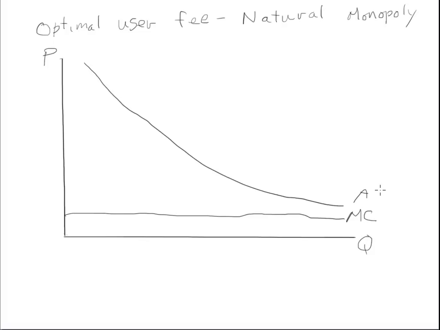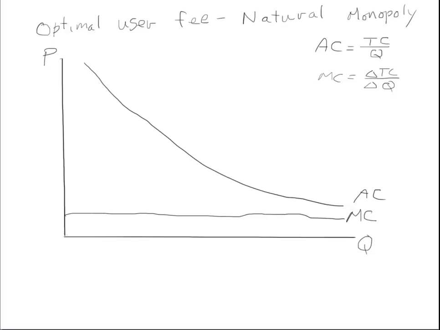There's my average cost, and average cost is equal to total cost divided by quantity. And my marginal cost is the change in total cost over the change in quantity. Our efficient rule is that we want to price where price is equal to marginal cost. But let's draw a demand curve and marginal revenue curve first.